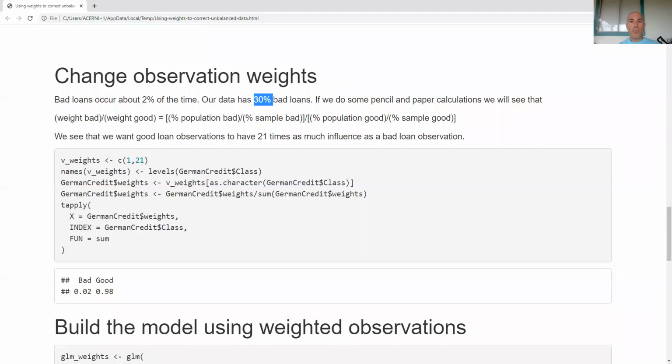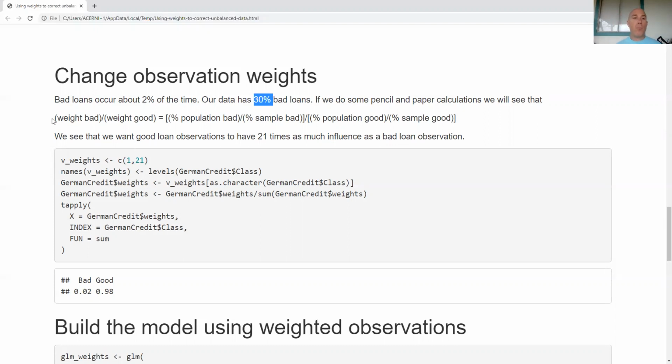All right, so if we sit down and work out the mathematics of this, the way to adjust the weights is that I want all of the bad loans to account for 2% of the total weights, and all of the good loans to account for 98% of the weights.